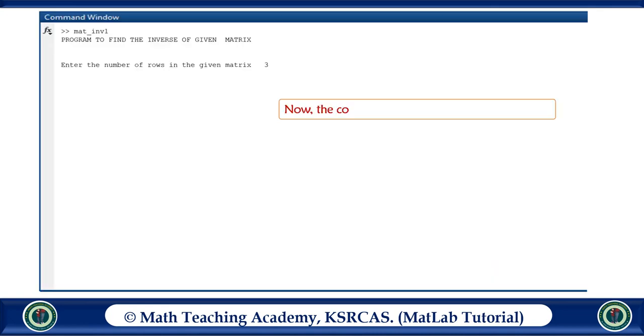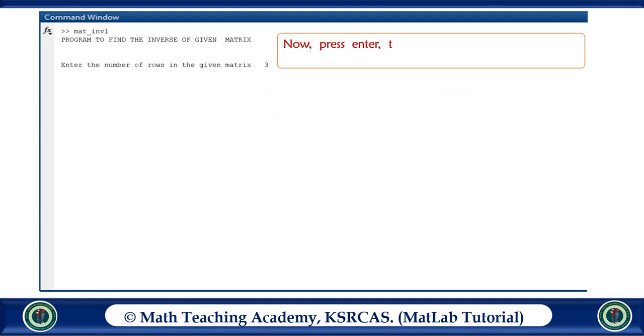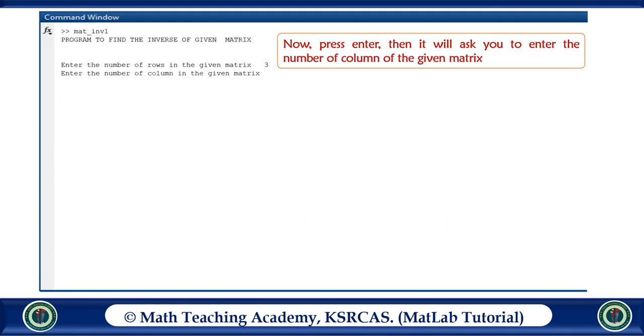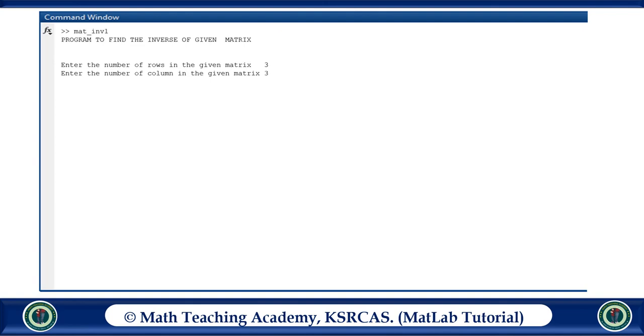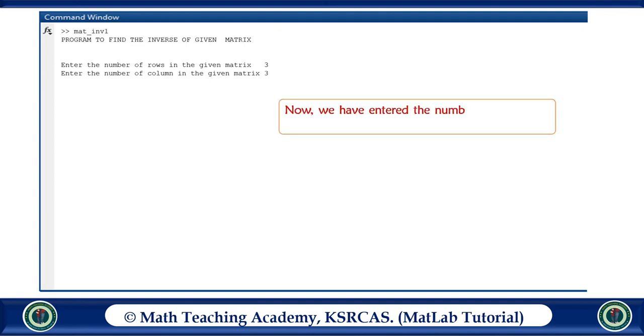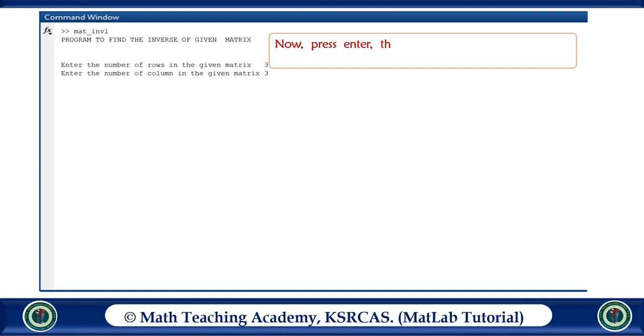Now the command window has been maximized. Now press enter, then it will ask you to enter the number of columns of the given matrix. Now 3 has been entered as the number of columns. Now press enter, then it will ask you to enter the elements.